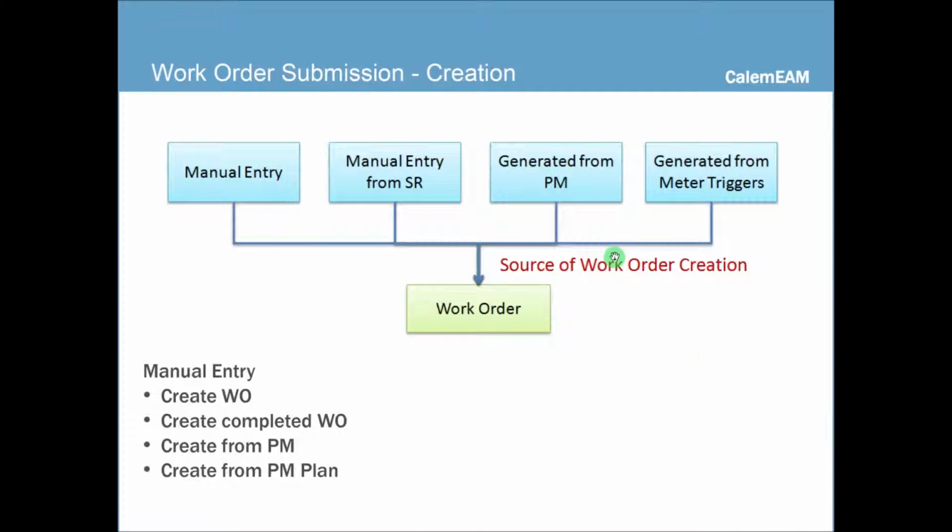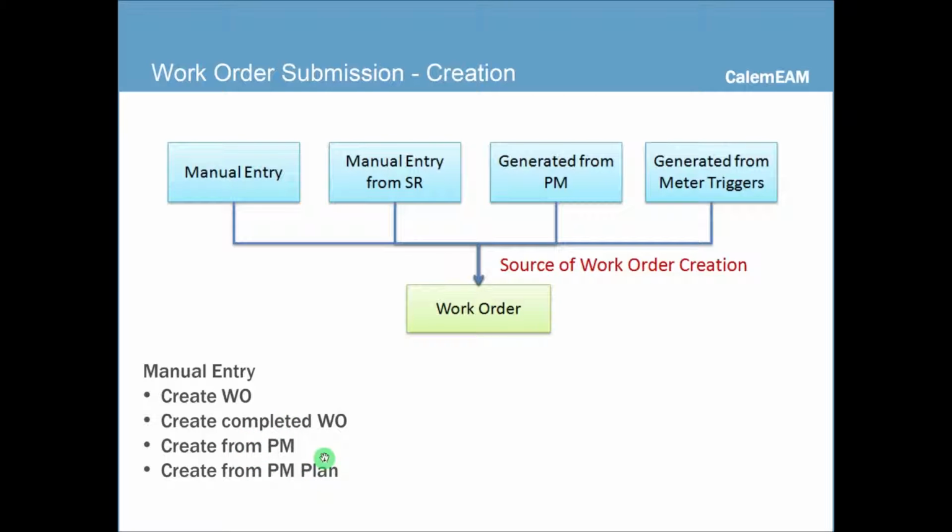Work orders can come into Calem from different sources: from manual entry, from a service request, generated from PMs, and also generated from meter triggers. For manual entry, you can just create a work order, create a completed work order, or you can use stock PM and PM plans to create work orders.